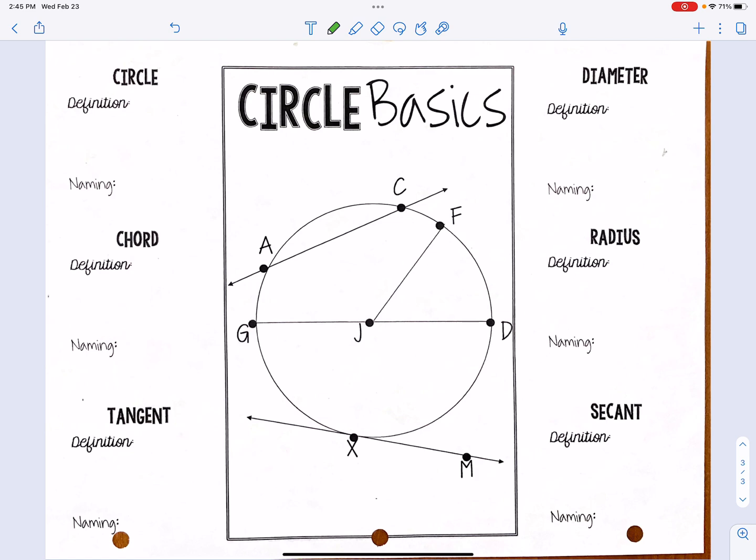And so the definition of a circle is the set of all points a given distance from a common point.